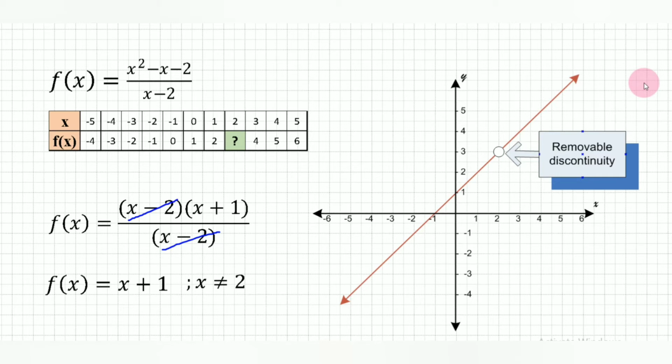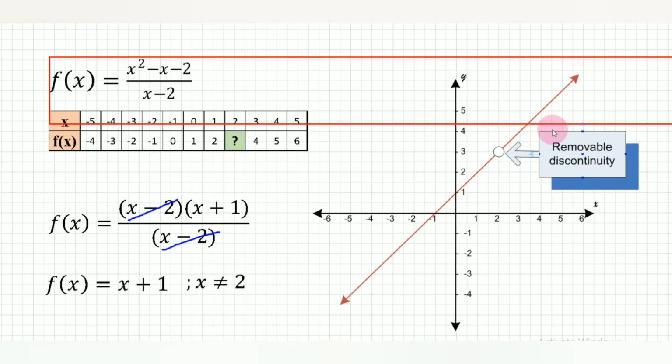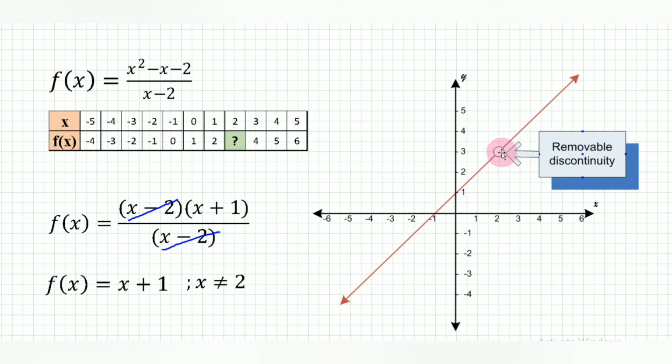Okay, so there will be two discontinuities that we will discuss in this chapter. So this one is the first one, removable discontinuity. It forms like an open circle or a hole, and it comes from these factors that are being cancelled because the factors exist on both numerator and denominator.